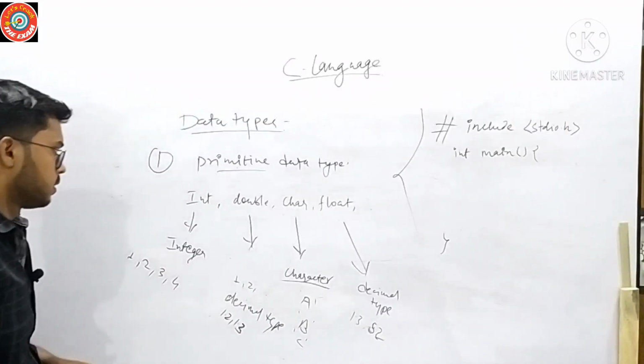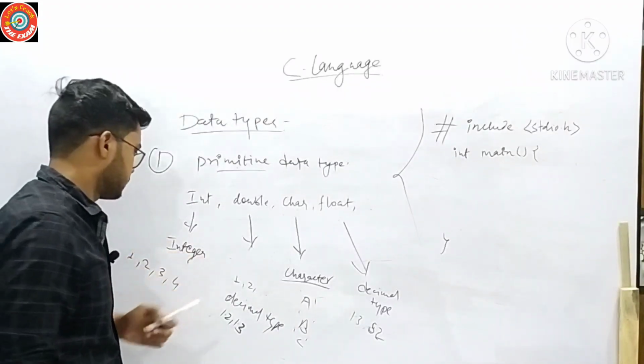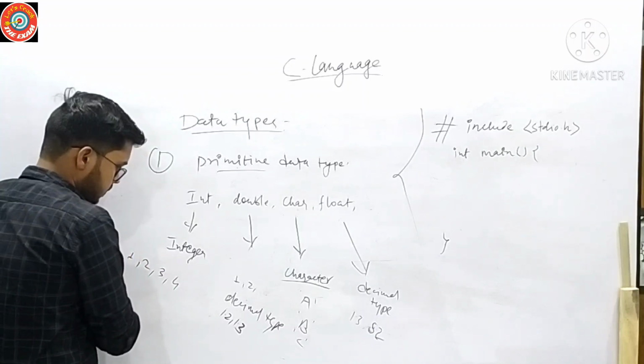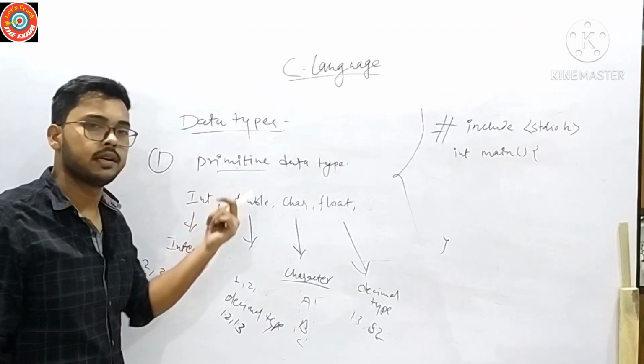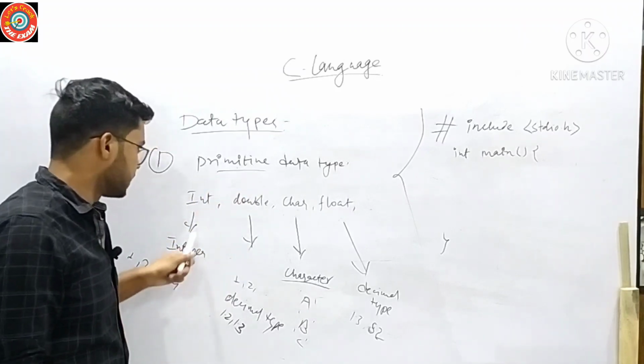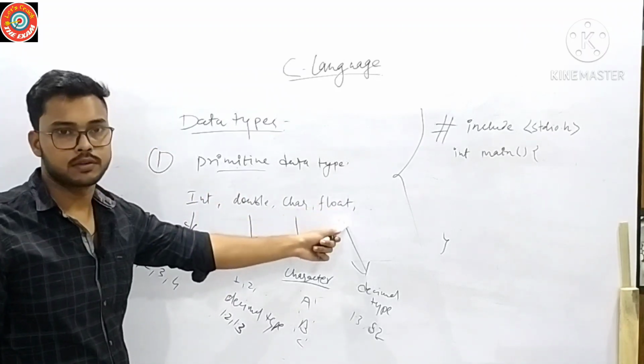Okay, so these are the primitive data types: integer, double, character and float.